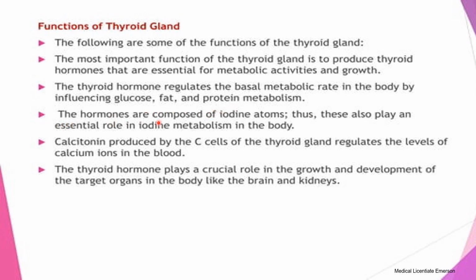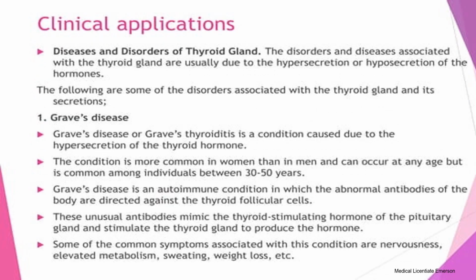The hormones are composed of iodine atoms, so these also play an essential role in iodine metabolism in the body. Calcitonin produced by the C cells of the thyroid gland regulates the levels of calcium in the blood. The thyroid hormone also plays a crucial role in the growth and development of the target organs in the body, like the brain and the kidneys.